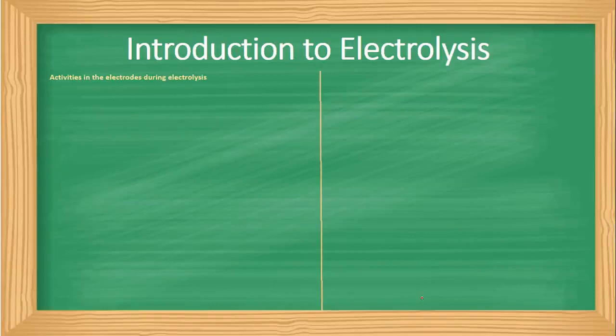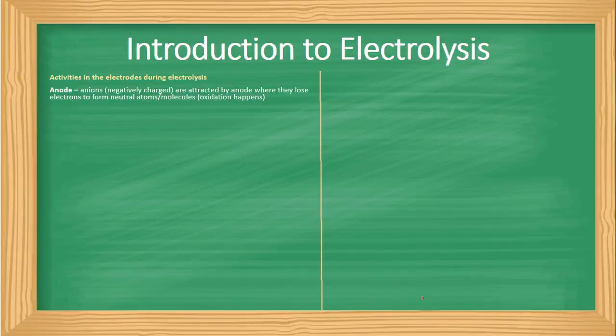So exactly what happens during electrolysis? At the anode, the anions, the negatively charged ions, are attracted there. Remember, for them to become negatively charged, they had gained electrons. So when they get there, they lose those electrons and return back to their atoms.